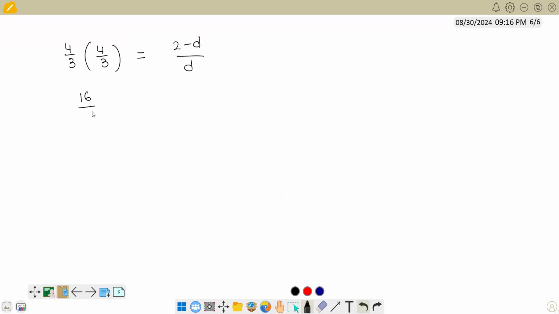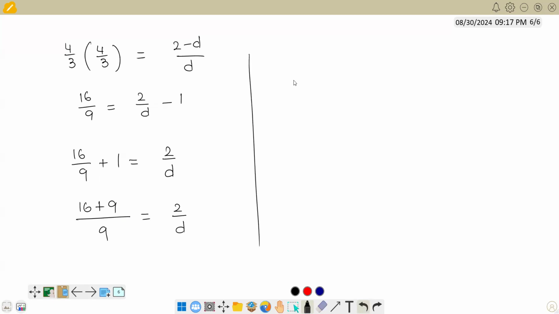So we'll get 16 by 9 equals 2 by D minus 1. So bring that 1 to the other side. 16 by 9 plus 1 equals 2 by D. So it will become 16 plus 9 by 9 equals 2 by D. On solving, we will get D equals 2 into 9 divided by 16 plus 9, which is 25.